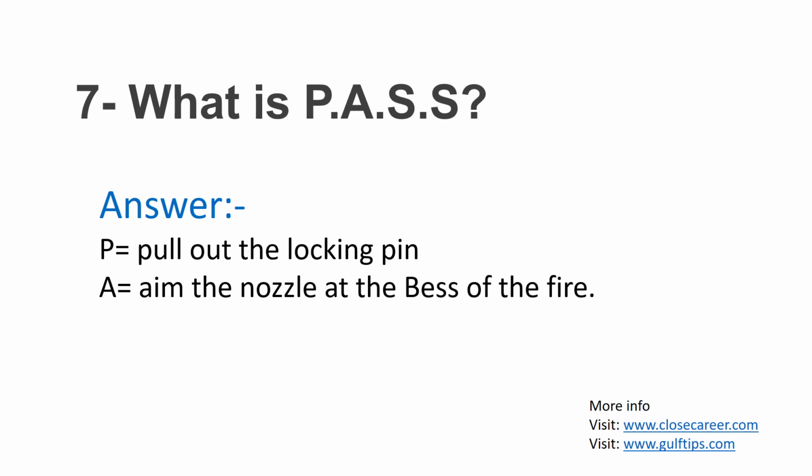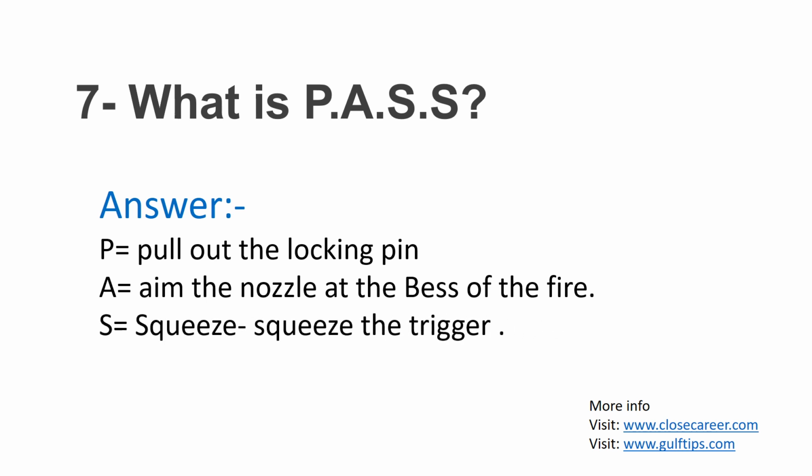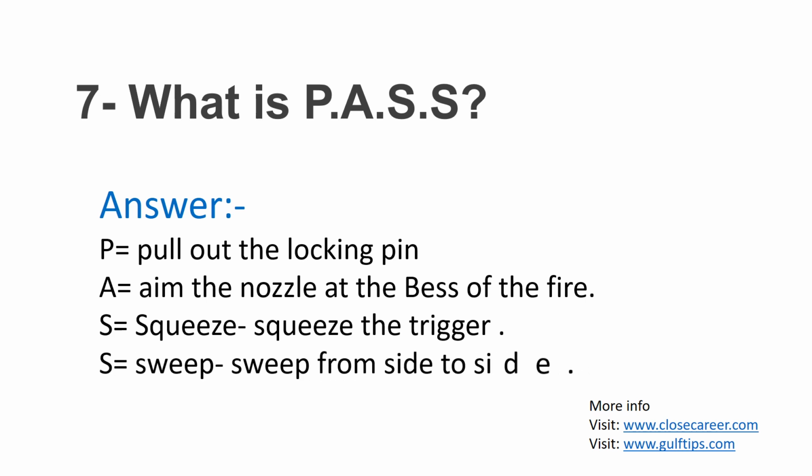A. Aim the nozzle at the base of the fire. S. Squeeze the trigger. The other S, sweep from side to side. This PASS is the method of handling the fire extinguisher.